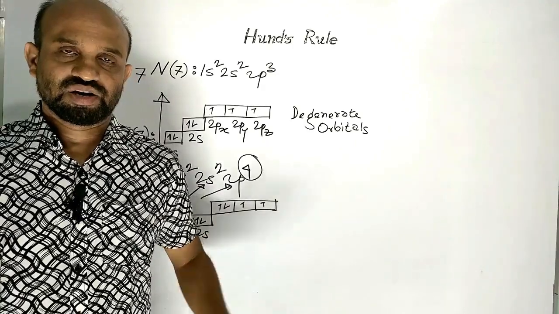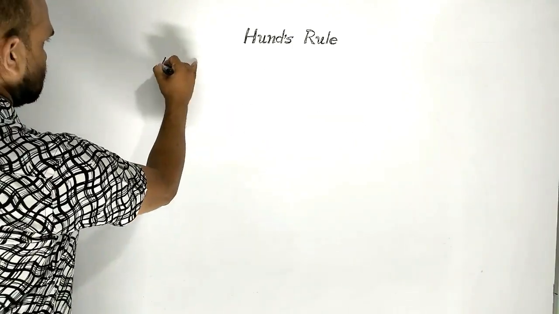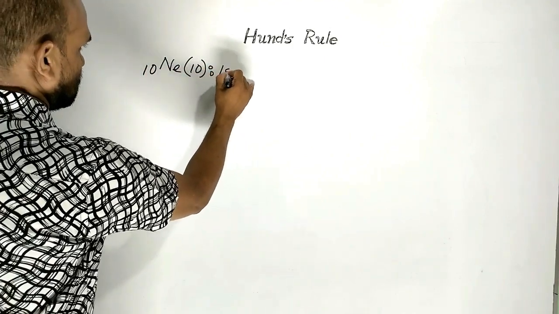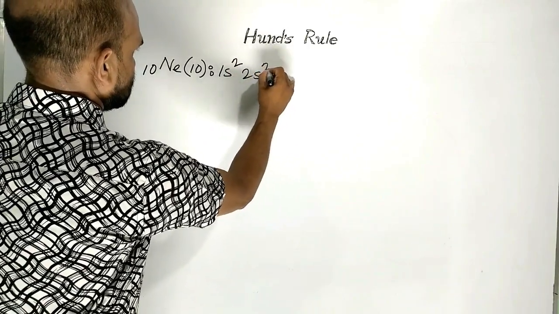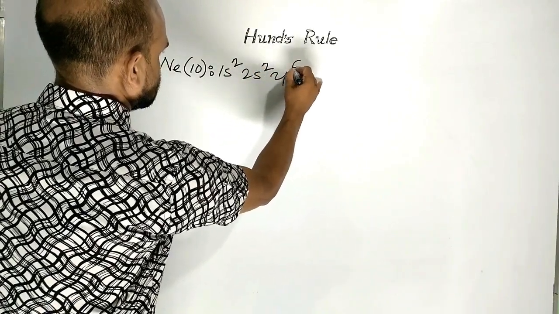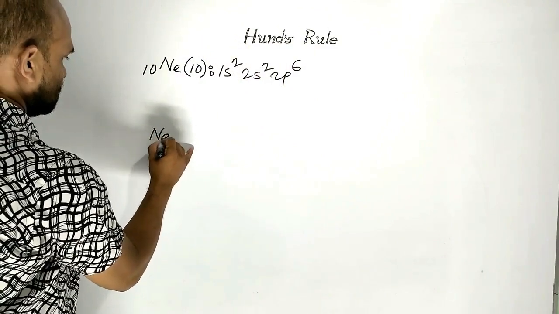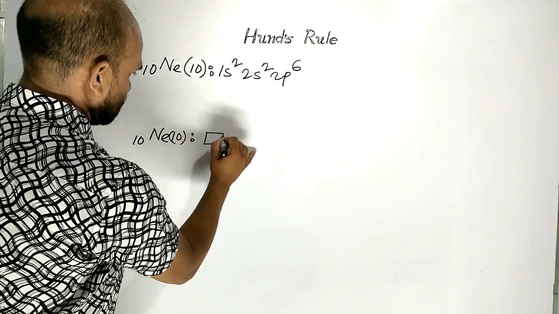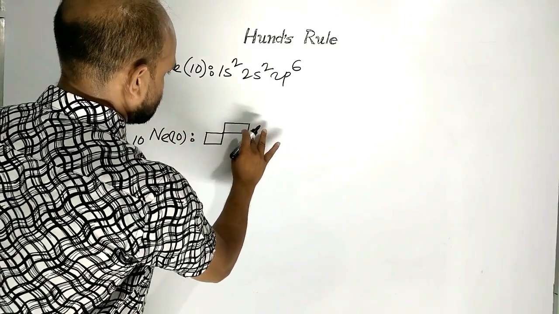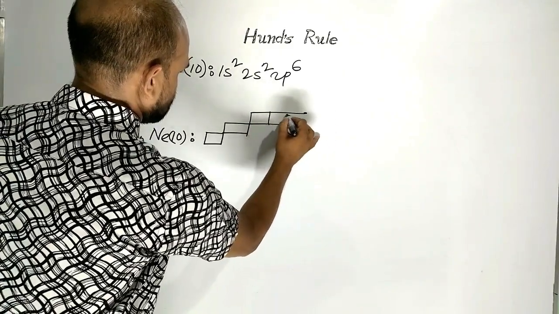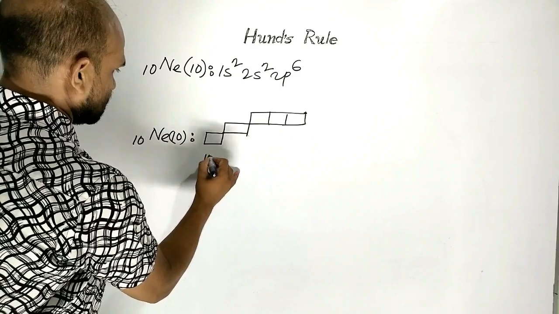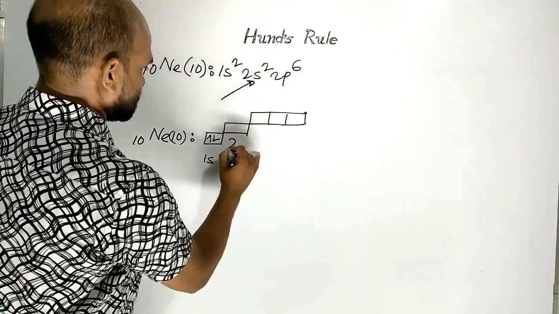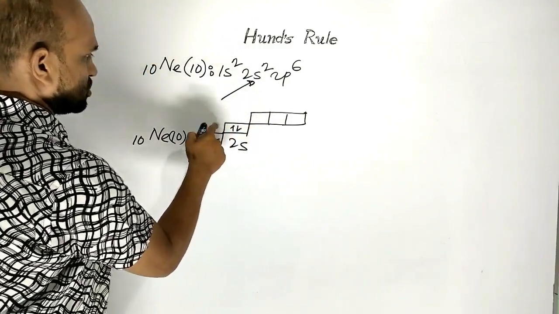Now let us see another example. Neon. Atomic number 10. 1s2, 2s2, 2p6. Now, let us see electronic configuration in box method. 1s, 2s, then 2p orbitals. 1s orbital contains 2 electrons. 2s orbital contains 2 electrons.